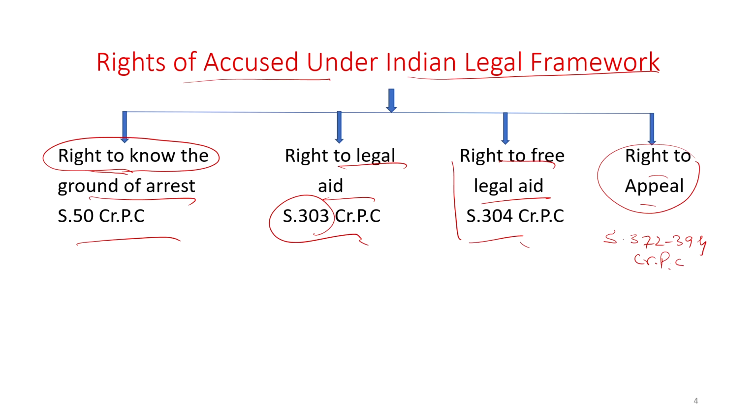So, right to legal aid, 303 CrPC. I have already discussed Article 22. So, 303 CrPC also talks about legal representation, that in a criminal case every person is entitled to have a counsel.